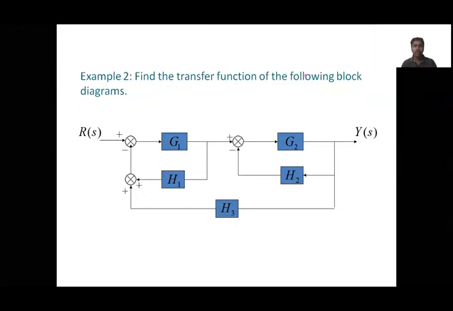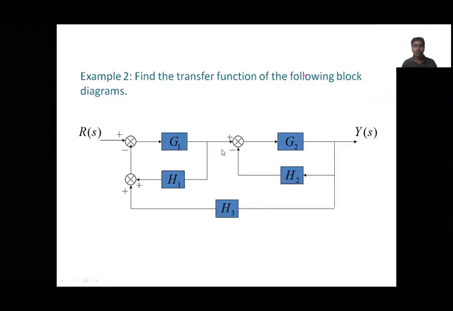I didn't find any cascade blocks here, and also no parallel blocks here. This is a loop. You can clearly understand the feedback path, and this is again a loop, and again from this we have a loop like this. So overall loop like this.